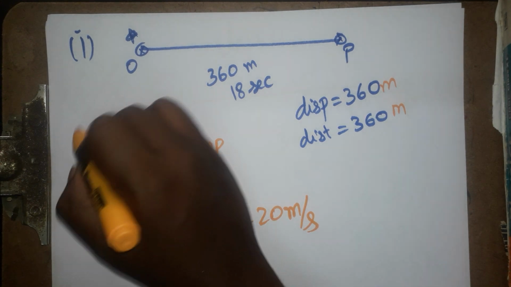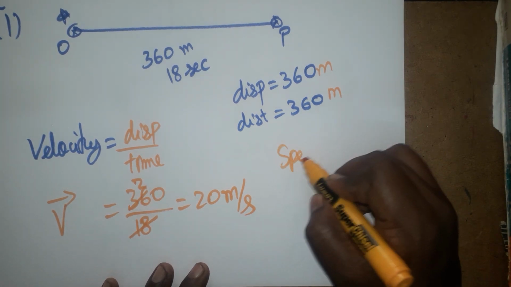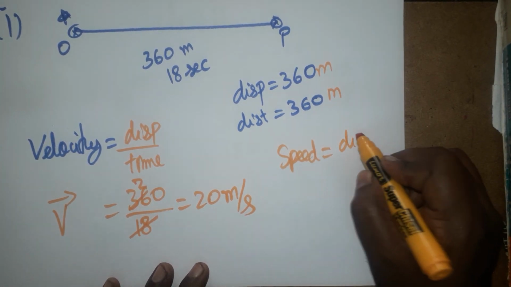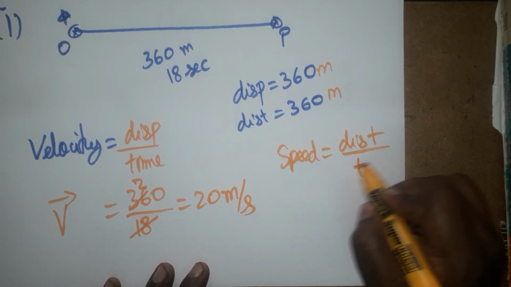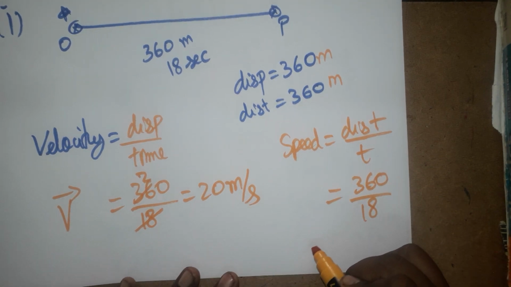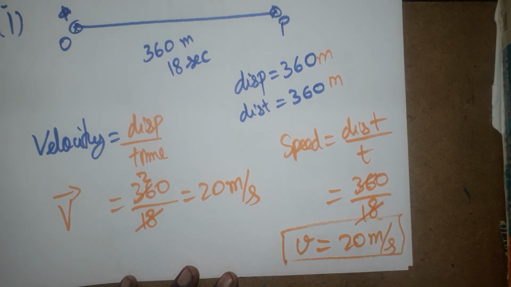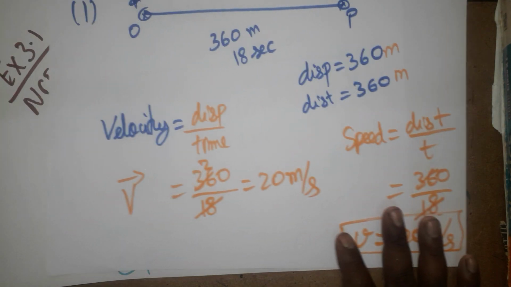Velocity is a vector quantity. So in case 1 I found the velocity. What about the speed? Speed is equal to distance by time. The distance is the same in this case, and the time is 18. 360 divided by 18, so the speed is 20 meter per second. So in case 1, I got both speed and velocity.